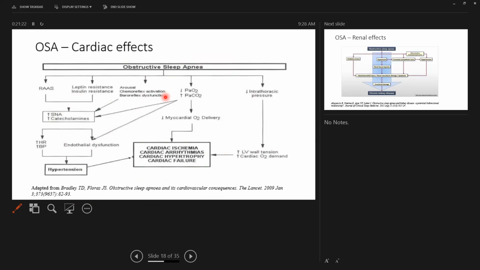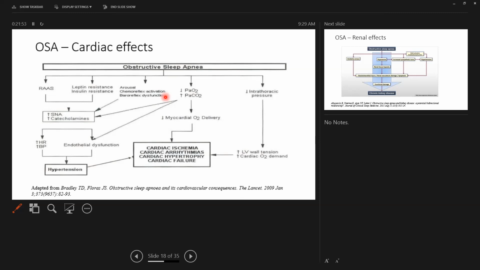Chronic intermittent hypoxia leads to the activation of the renin-angiotensin system, which favors retaining water and disturbing the aldosterone mechanism. All these things ultimately lead to systemic hypertension or aggravation of pre-existing systemic hypertension, leading to pathological changes of the kidney.